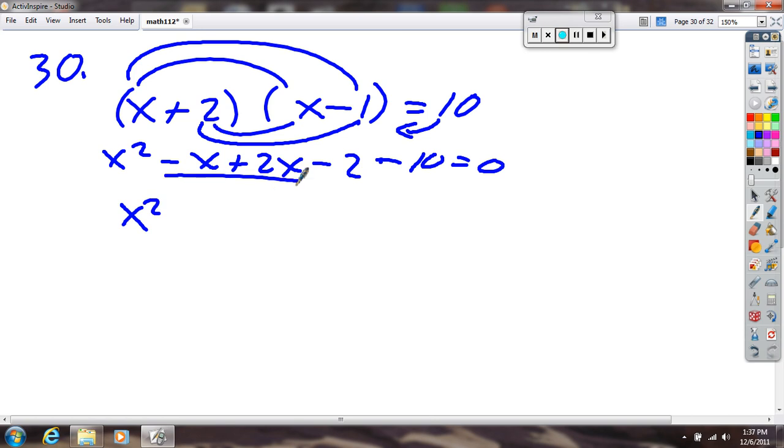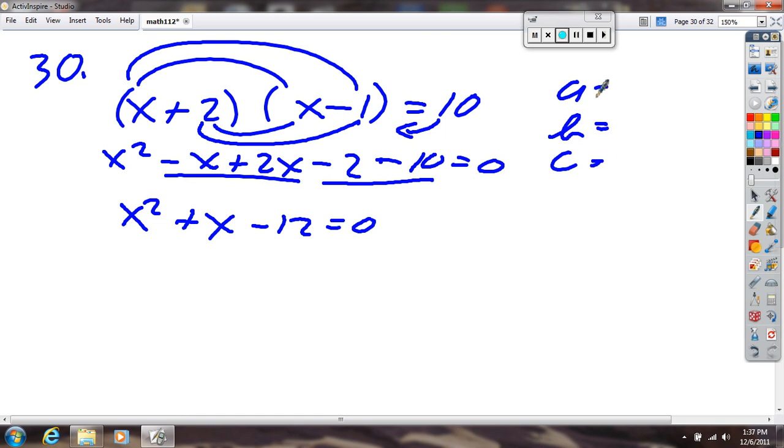Combine these two. 2 minus 1 is positive x. And then negative 2, negative 10 is negative 12. Equals 0. A, B, and C. A is equal to 1. B is equal to 1. And C is equal to negative 12.